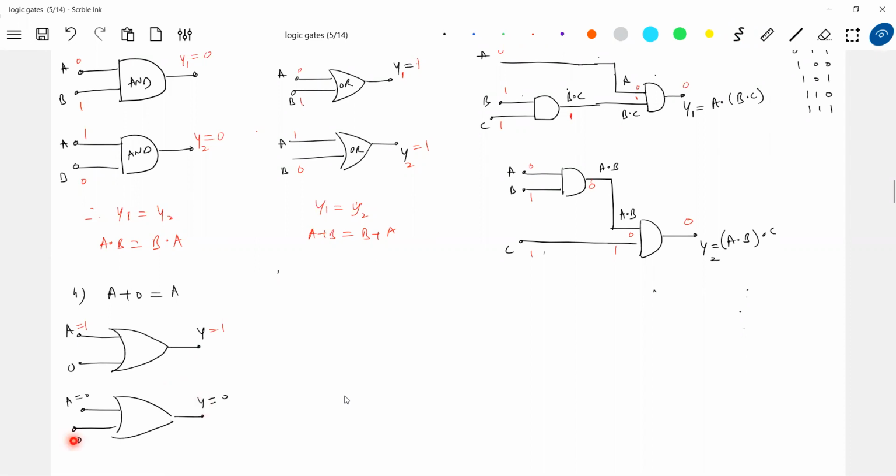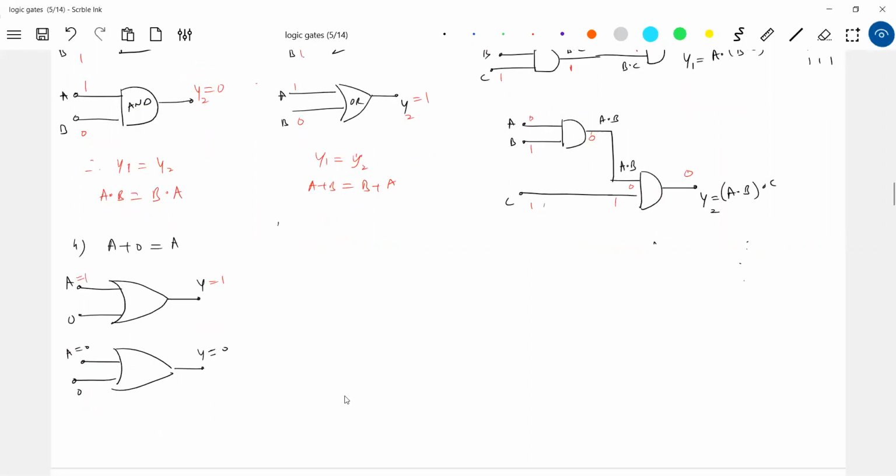If the input A is logic 1, the output will be logic 1. If the input A is logic 0, the output will be logic 0. So therefore the output depends on the input A only. A plus 0 is A. So this is one identity.